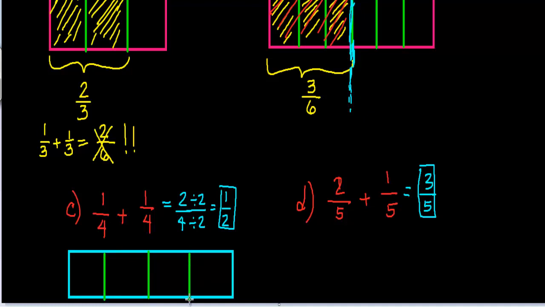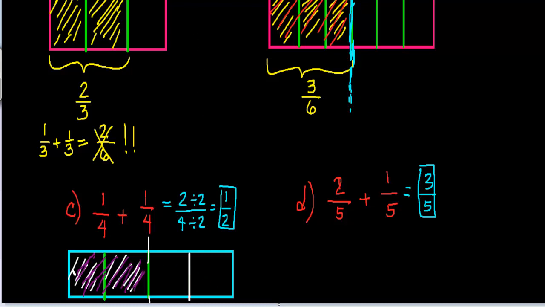There are your 4 pieces. So 1 out of 4, that means I would shade in 1 out of 4. 1 out of 4 plus another 1/4 makes 2 out of 4. But notice that this also makes a half, because if I shaded in another color here, this whole thing that I shaded is really half of the figure.